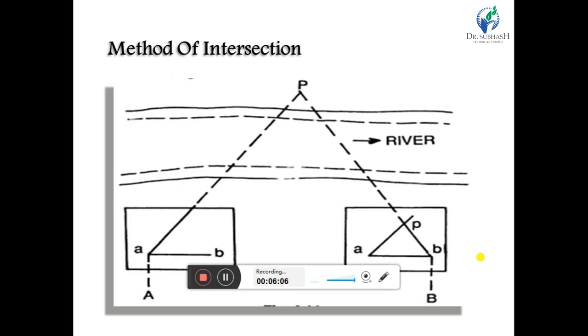Due to that limitation, we use the method of intersection. We start from point A and get another auxiliary point, point B. First, put the alidade at A, pivot it about A and sight the point P that we have to mark on our sheet.